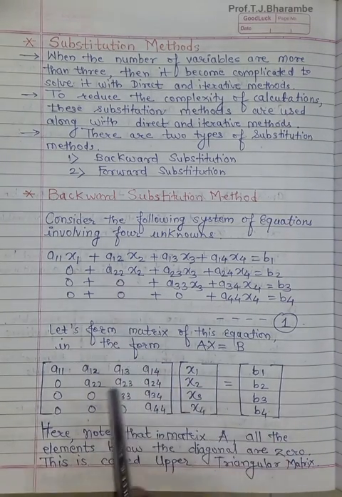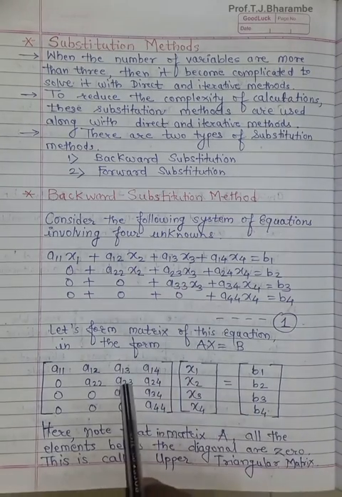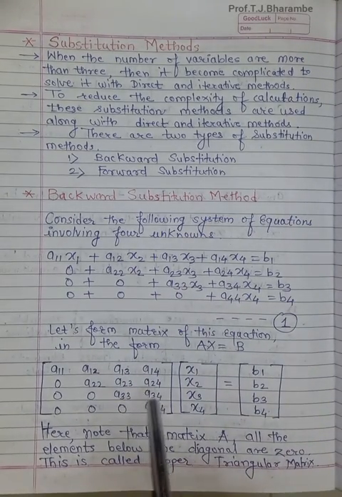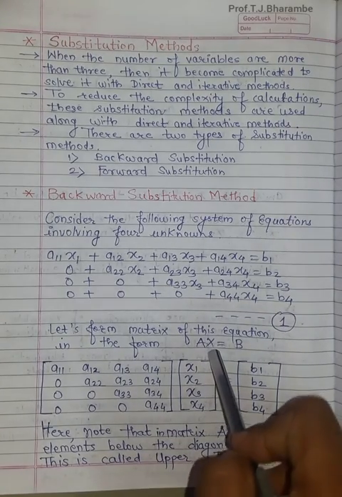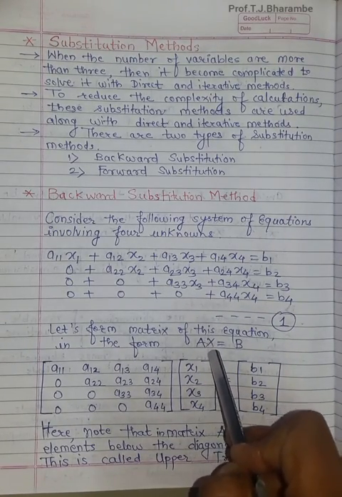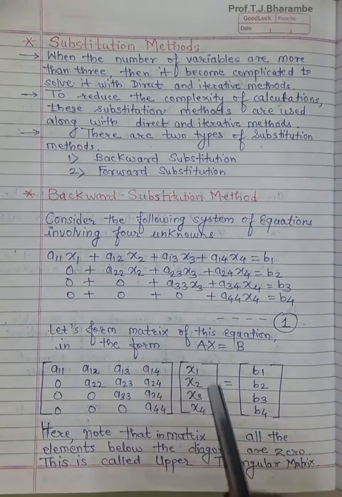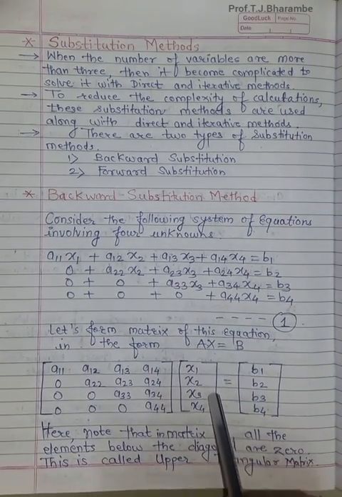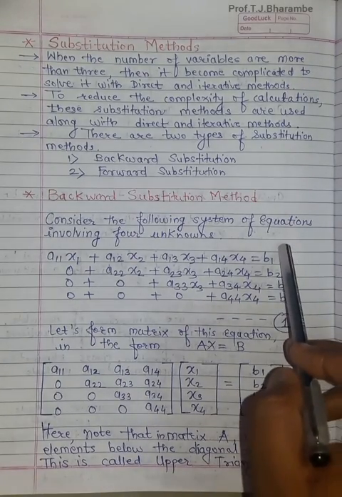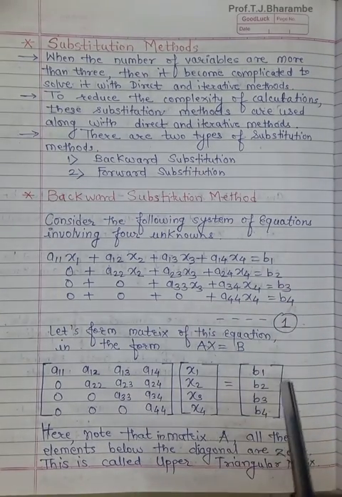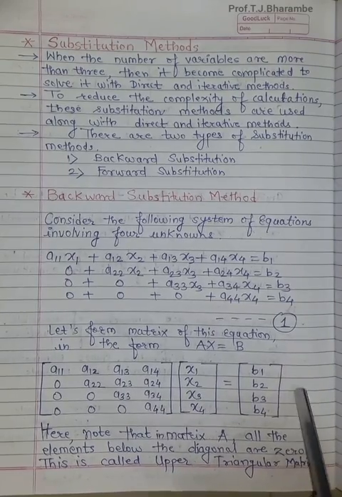After that, a22, a23, a24, and similarly the rest of the terms are written. Matrix X is the column matrix x1, x2, x3, x4, the unknowns, whereas matrix B holds the terms on the right-hand side, that is b1, b2, b3, b4.